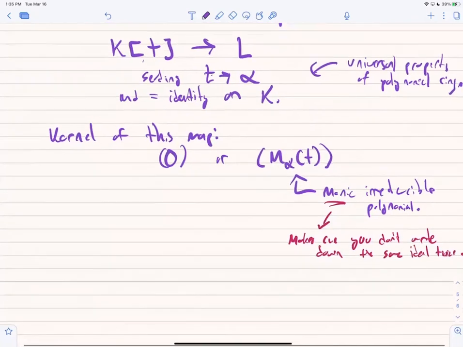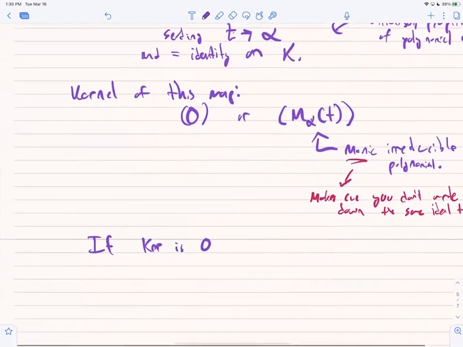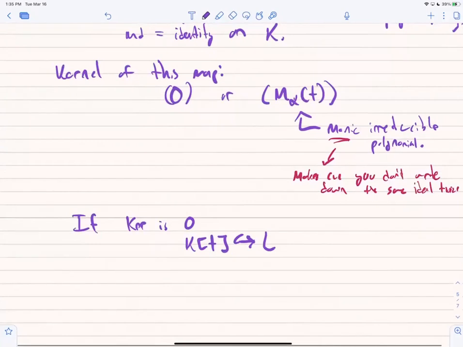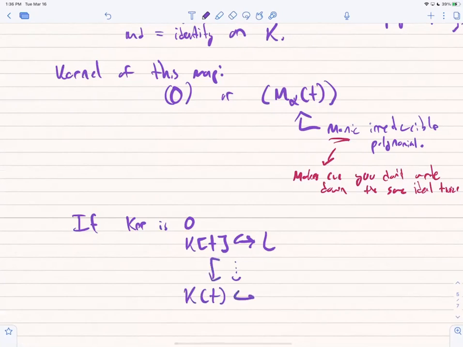So in this first case, if the kernel is 0, then this map from K[T], the polynomial ring, to L is an injection, and it extends uniquely to the fraction field.